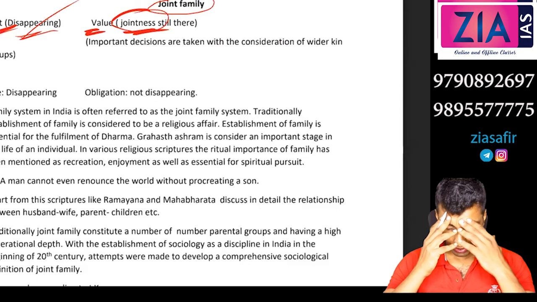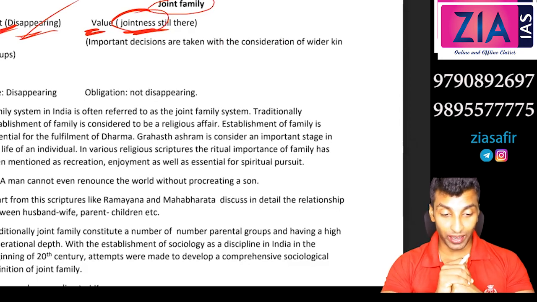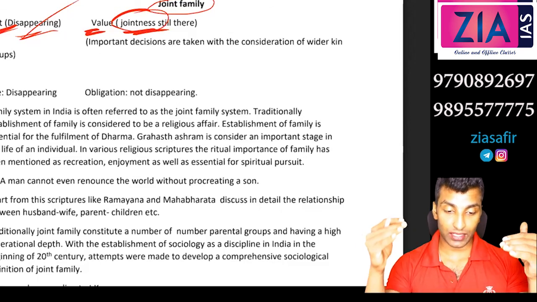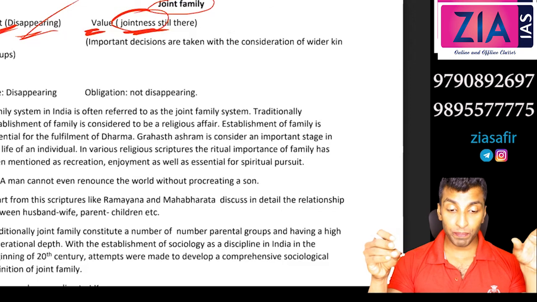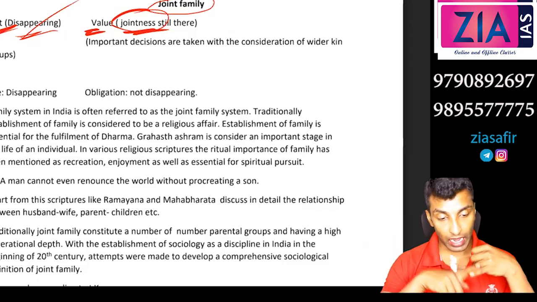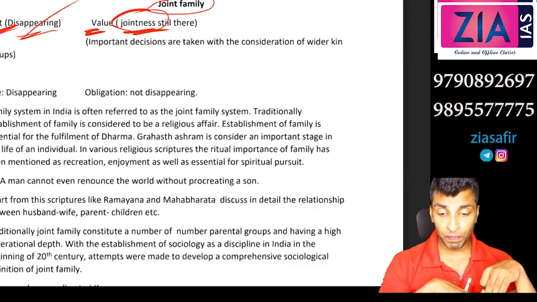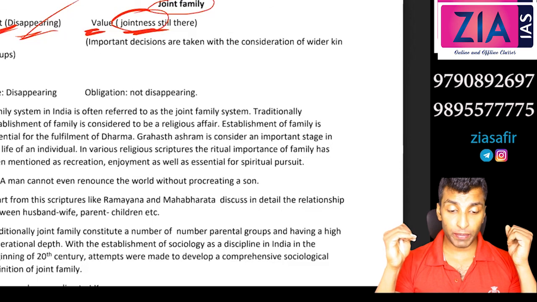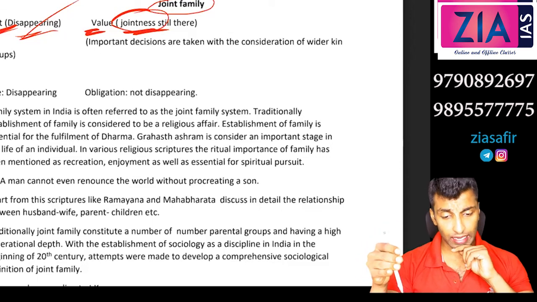Okay, I think I've used some other word. Structurally they are not joined. That means structurally, when you are seeing the fact, they are not joined, they live in nuclear families, but functionally they are joined. That means in terms of any help required, in any hospital case, in case of marriage, in case of a death, in any such cases, there will be help from the members of the family. So that's what you can understand.